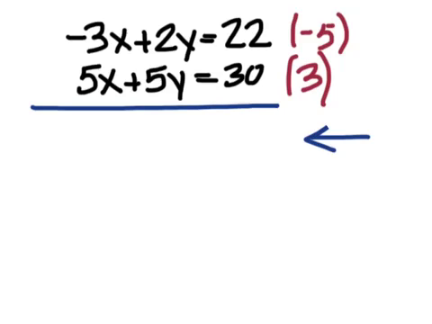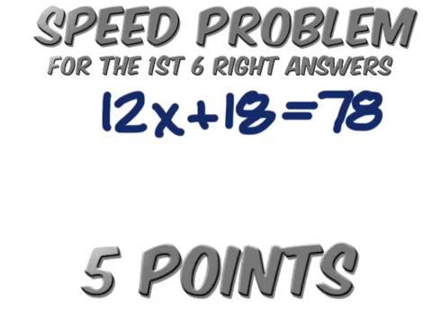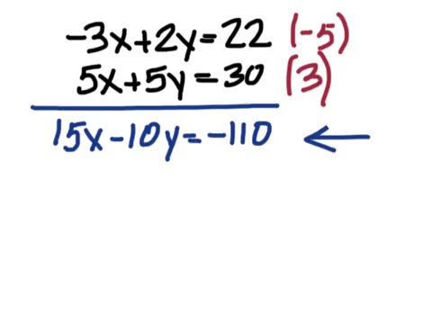So I need that first equation after you multiply it by negative 5. Answer should be 12. If and only if you have 15x minus 10y equals a negative 110, then come on up.